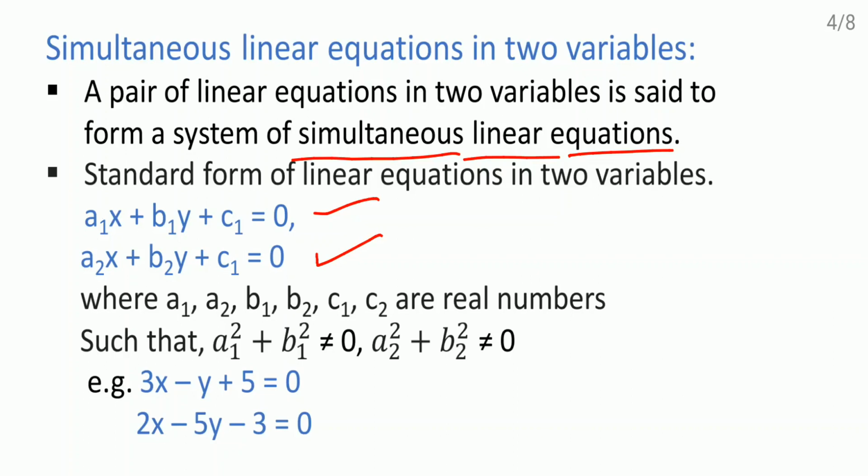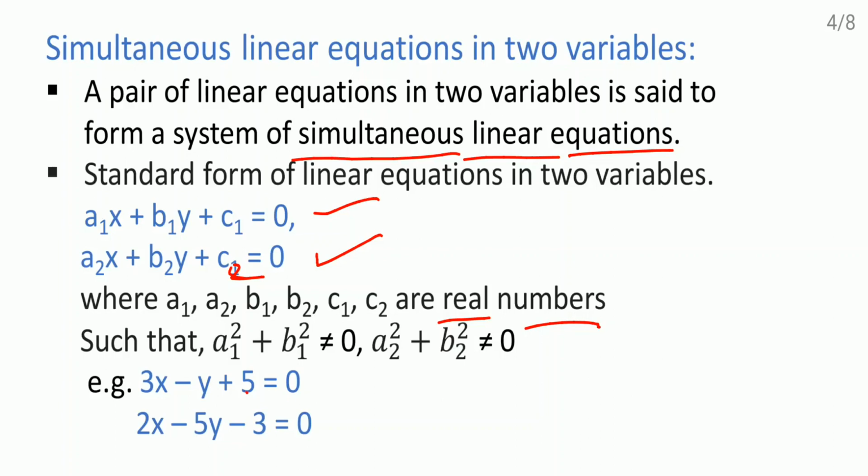Okay, here a1x plus b1y plus c1 equal to 0. a2x plus b2y plus c2 equal to 0. This is the standard form of writing the linear equations, where all these coefficients a1, a2, b1, b2, c1, c2 are the real numbers, such that a1 square plus b1 square should not be equal to 0. a2 square plus b2 square should not be equal to 0.